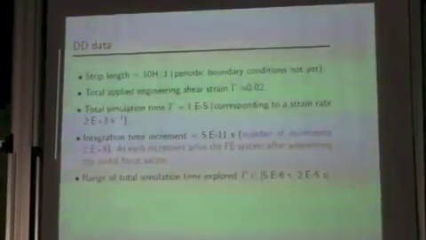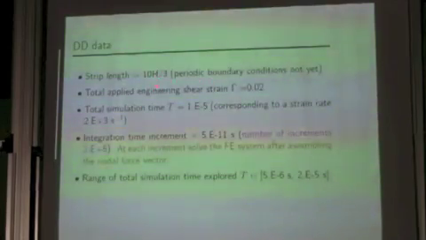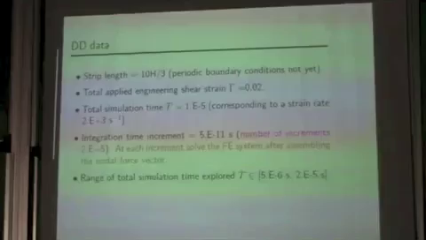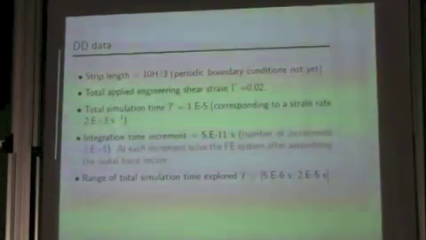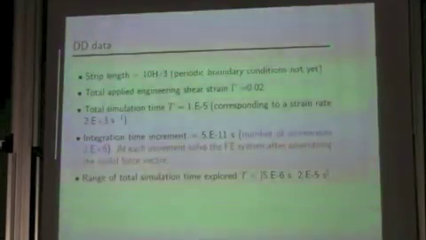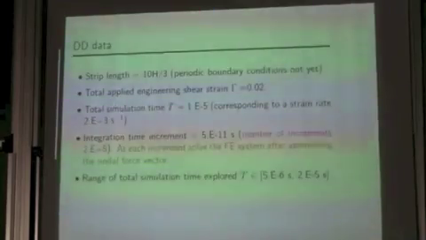And in the DD simulations, we took this strip, which is not infinitely long, the length is a little bit more than three times the height of the strip, and we couldn't take it much longer because the analysis was very expensive.